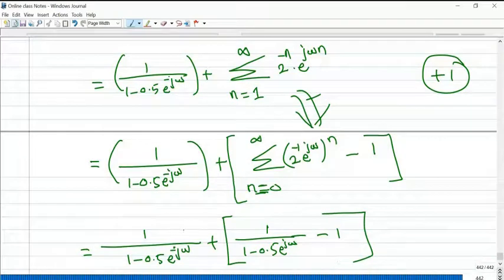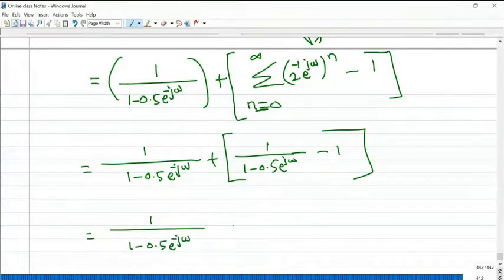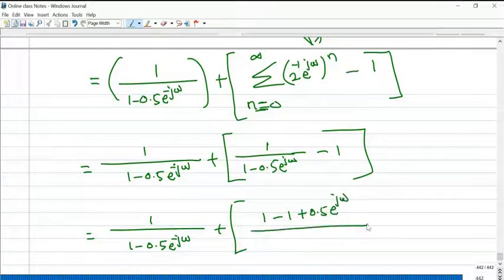This minus 1 is particularly for the second term only. Simplify this equation and rewrite your result. 1 divided by 1 minus 0.5 e power minus j omega plus, cross multiplying, minus 1 plus 0.5 e power j omega divided by 1 minus 0.5 e power j omega.